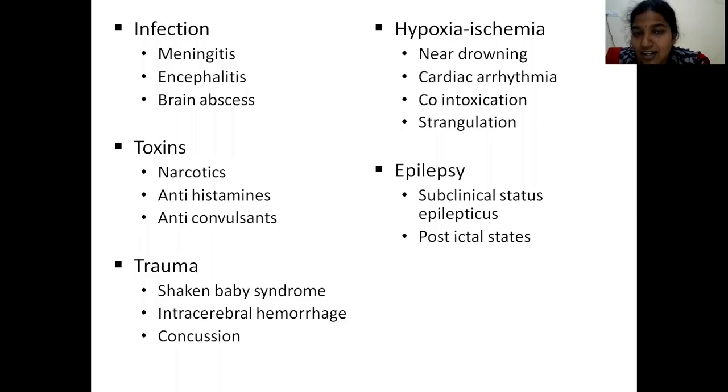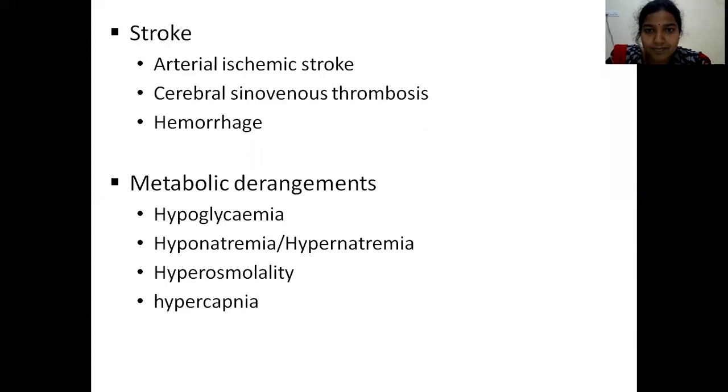After this comes hypoxic ischemic encephalopathy, which is seen in near drowning, cardiac arrhythmia, co-intoxication with toxins, and after strangulation. And epilepsy, as in subclinical status epilepticus and postictal states.